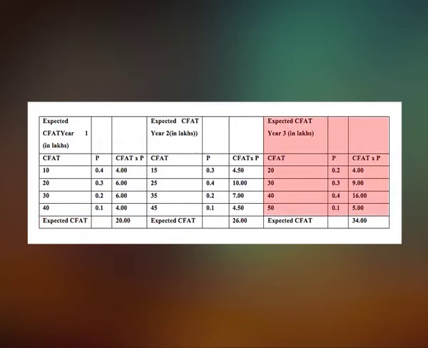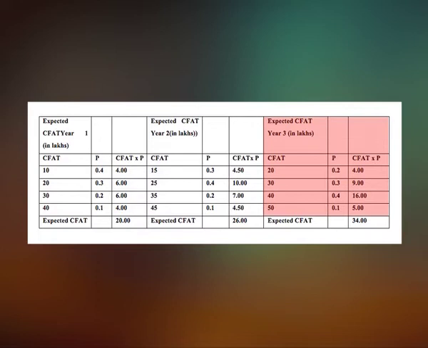Similarly, we have another column of expected cash flow after tax for year 3. For year 3, you can see CFAT, probabilities and the product of CFAT into P given as 20, 0.2 and 4.